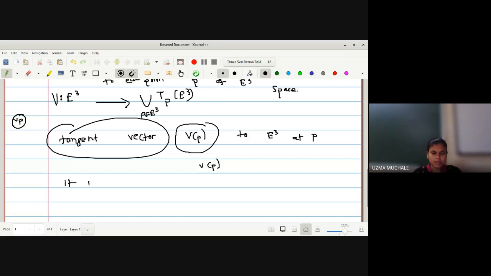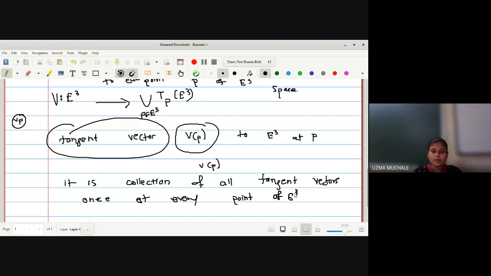It is a collection of all the tangent vectors, one at every point of E3 space.